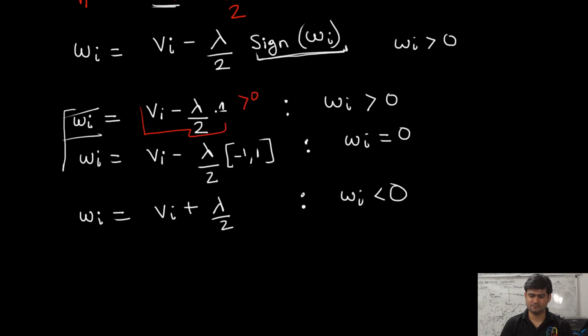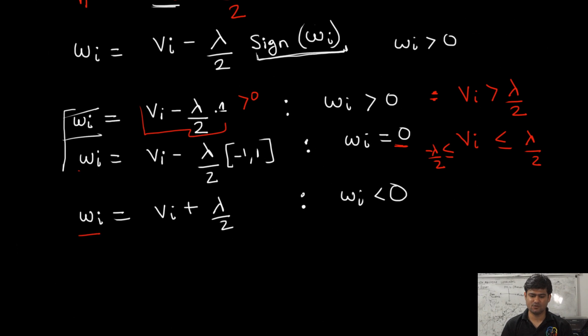So we obtain this condition, which roughly reflects w_i equal to v_i minus lambda by 2 when v_i is greater than lambda by 2. We also see that w_i is equal to 0 when v_i is less than or equal to lambda by 2 and greater than or equal to negative lambda by 2.